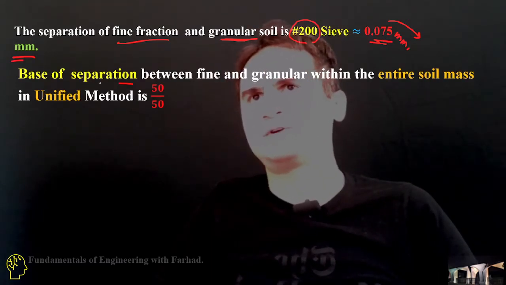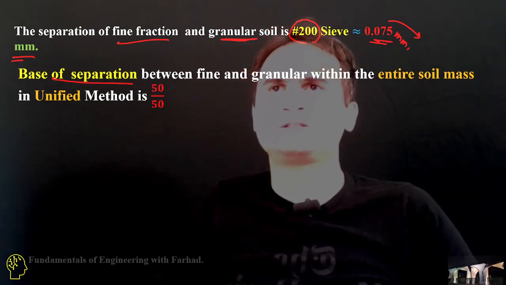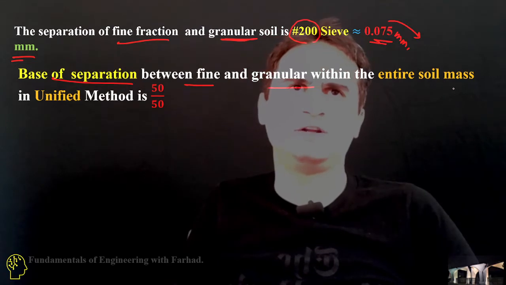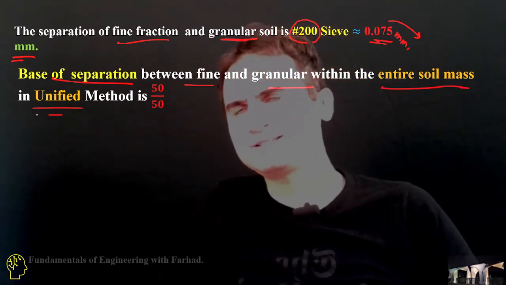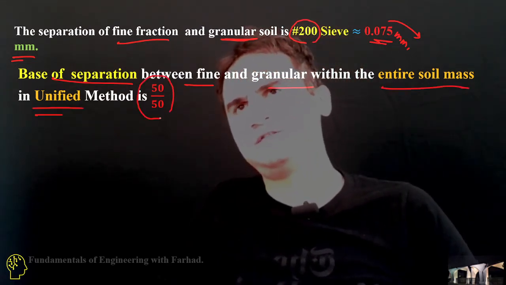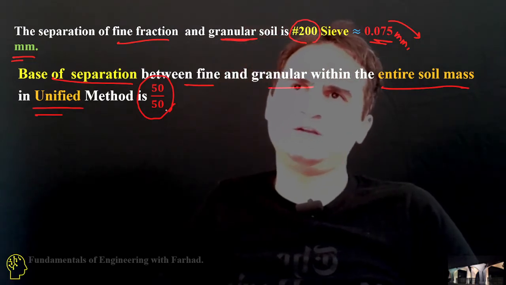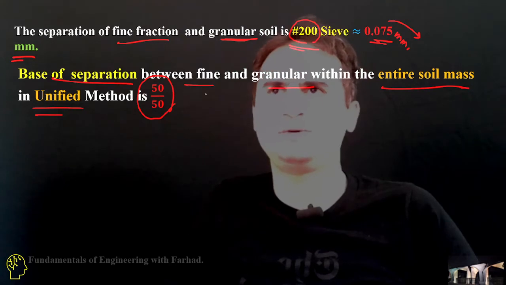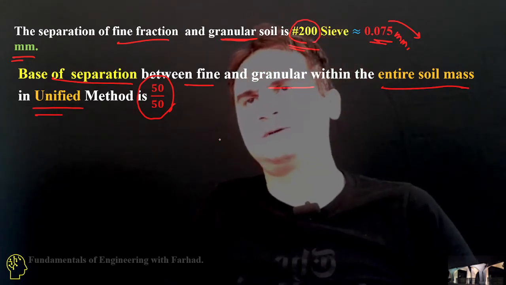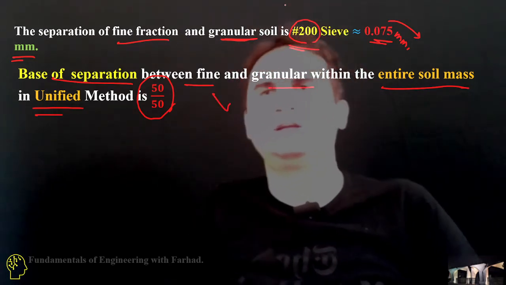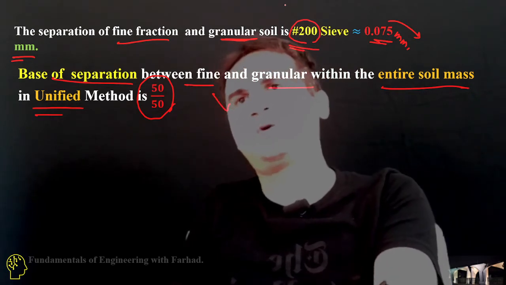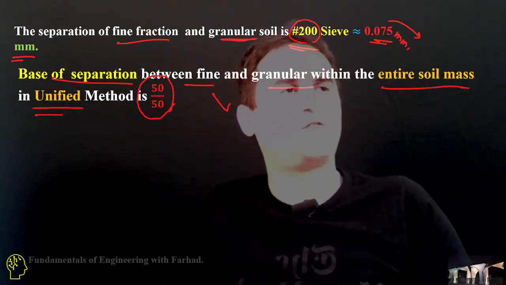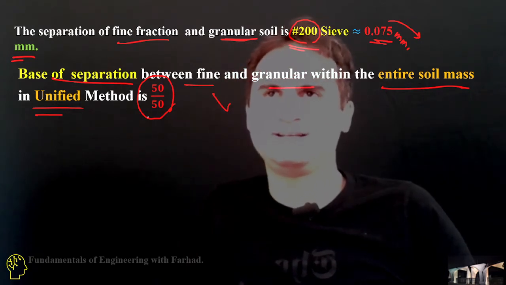The basis of separation between fine and granular within the entire soil mass in the Unified system is 50-50. It means if more than 50% of the material is passing through sieve number 200 in the Unified system, it is considered fine-grained soil, and less than that is granular.